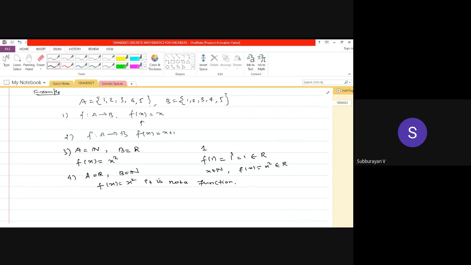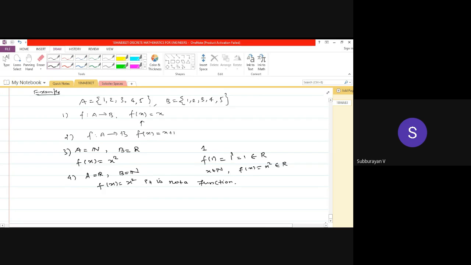If you plug this 0 inside your parenthesis, f of 0 is going to be 0 square, but 0 square is 0, which is not belonging to the set of natural numbers. Therefore, this f of x equal to x square is not a function. So this is due to the domain and the codomain.